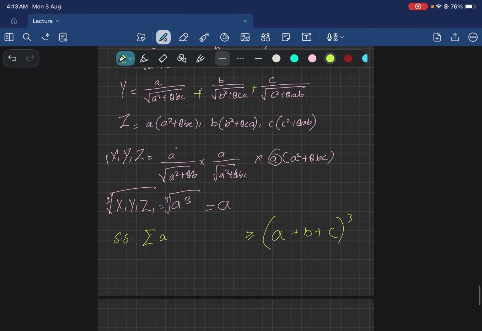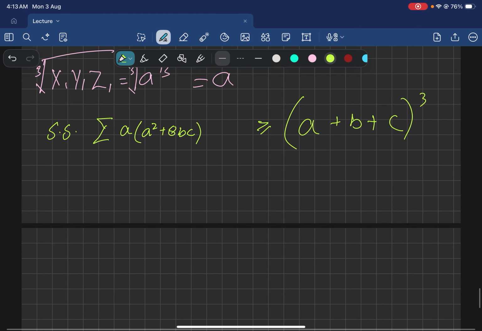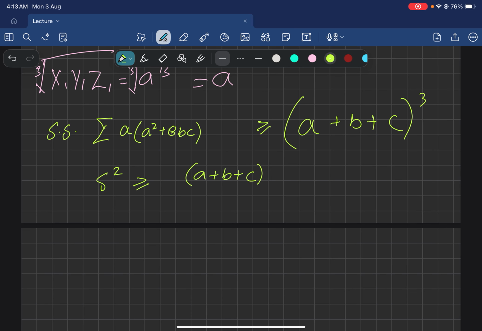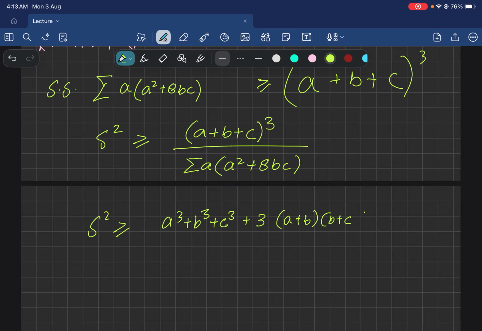Okay, so sigma a into a square plus 8bc, right? So we have got this, and then we'll get s square plus a plus b plus c whole cube, and then you have got sigma a square plus 8bc. When you expand this whole trinomial, you'll get something like a cube plus b cube plus c cube plus this 3a plus b plus c plus a.